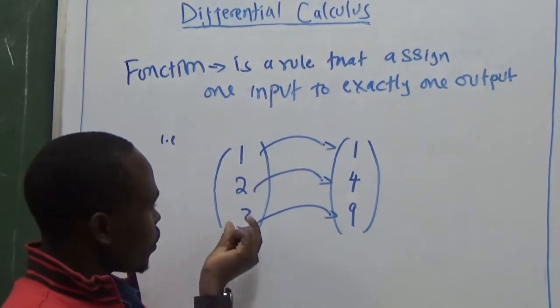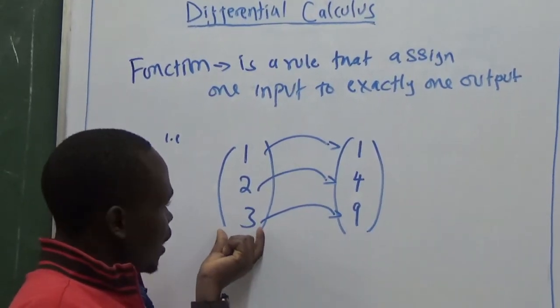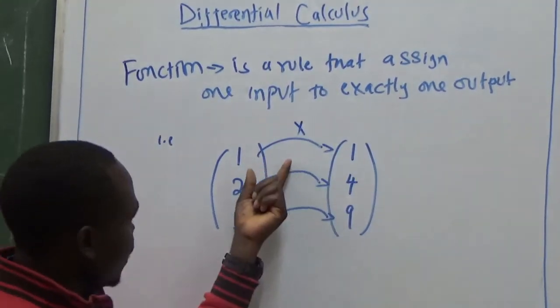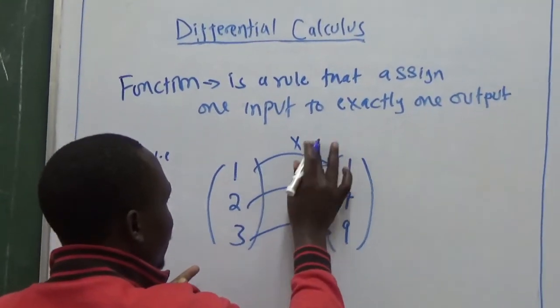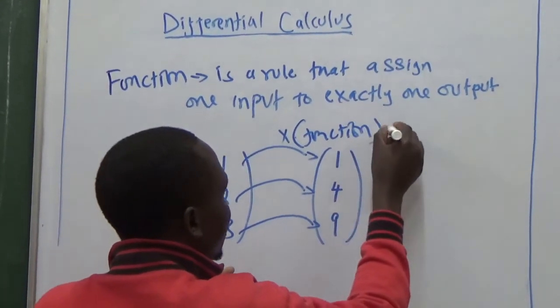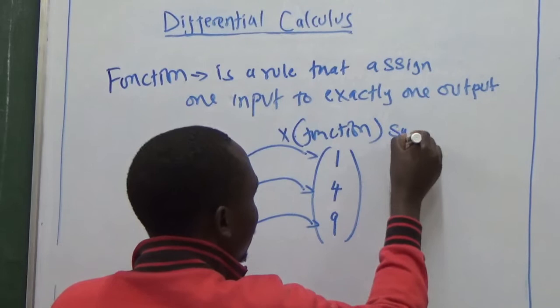Meaning there is a function that assigns this to this. That function, let me call it x, is a function which is square.